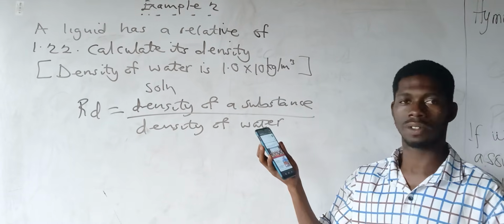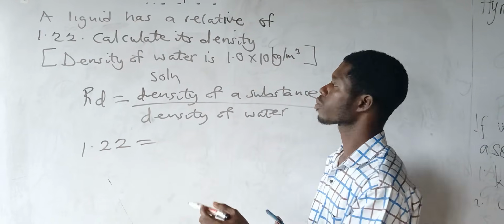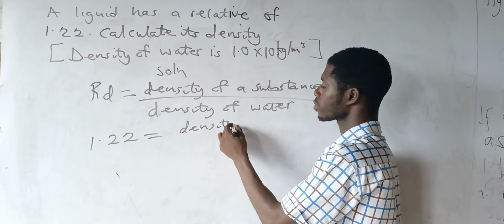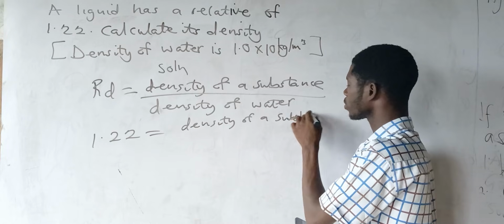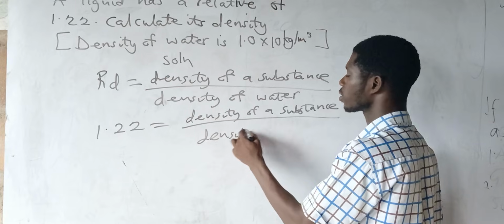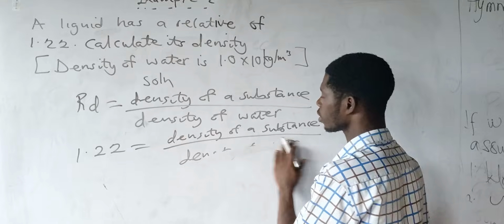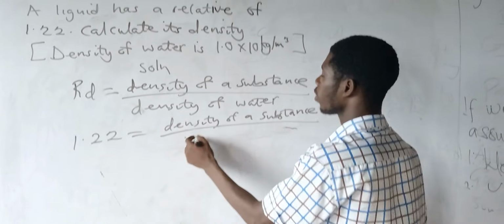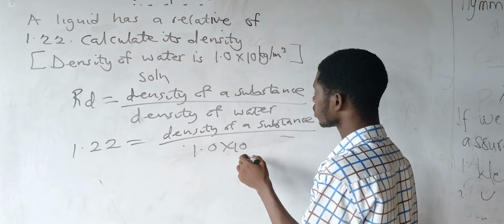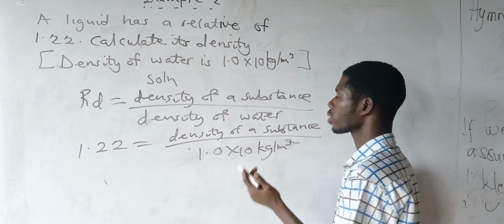Now, the relative density was given to us in the question as 1.22, which is equal to density of substance over density of water. The density of the substance is what we are finding. Density of water was also given us in the question as 1.0 times 10 to the power 1, with the unit on it.